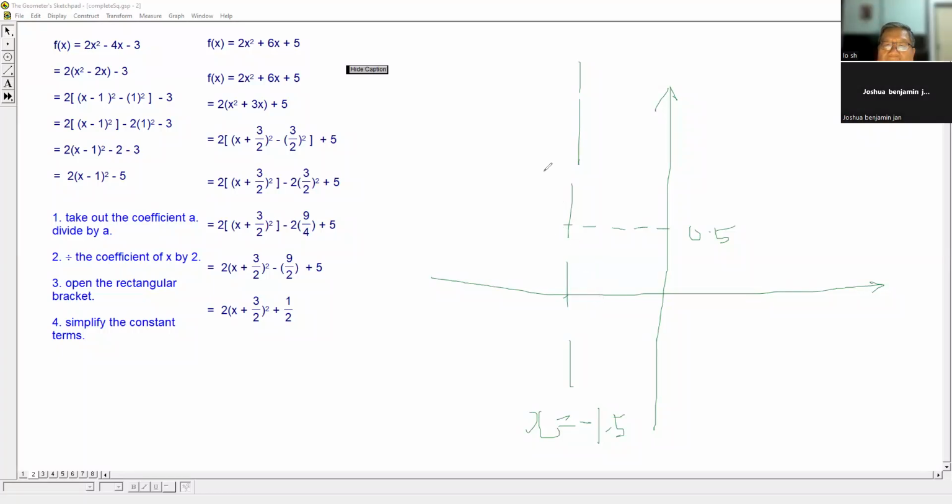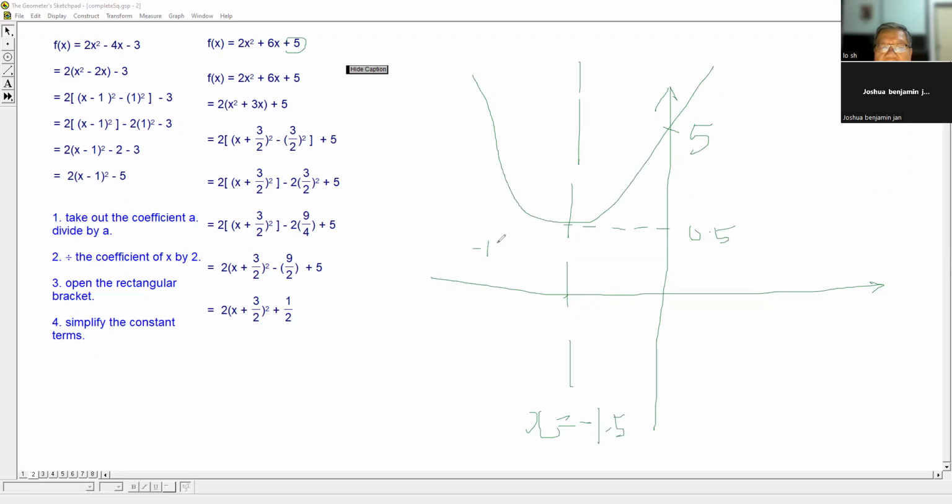U shape, right? So it won't cut the x-axis, but it will cut the y-axis. How much is this? Positive 5.